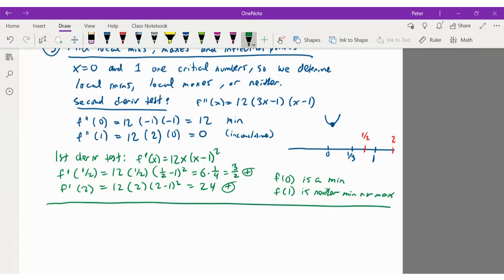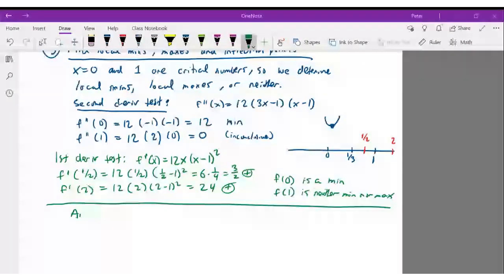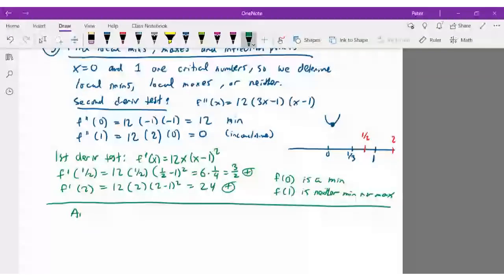What we now need to do is find the inflection points, where x equals 1/3 and x equals 1.